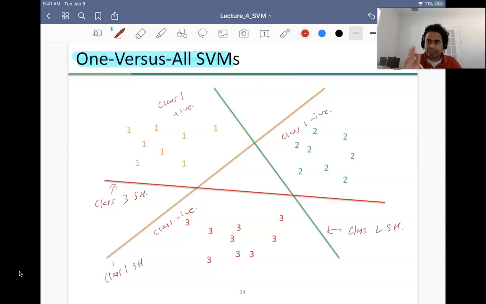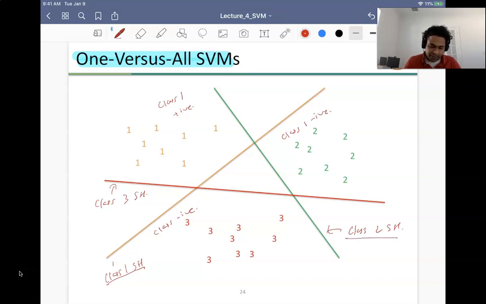The way this works is that I do 3 binary classification problems. The first is class 1 versus not class 1, where not class 1 is class 2 and class 3. I train one model, class 1 versus not class 1, and that is this orange model, which gives one separating hyperplane. Then I train a class 2 model, class 2 versus not class 2, and this is this separating hyperplane.